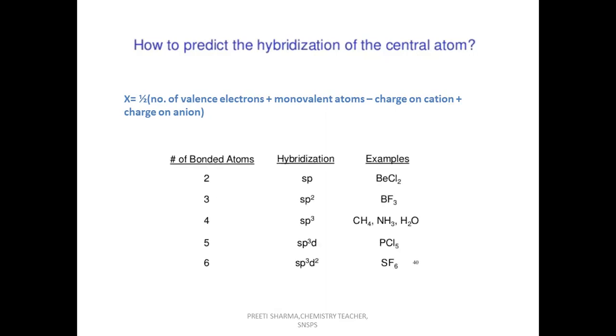So there are some examples. If after using this formula, the number of bonded atoms comes out to be 2, the hybridization is sp. If the number comes out to be 3, the hybridization is sp2. If 4, sp3. If 5, sp3d. If 6, sp3d2, and so on.